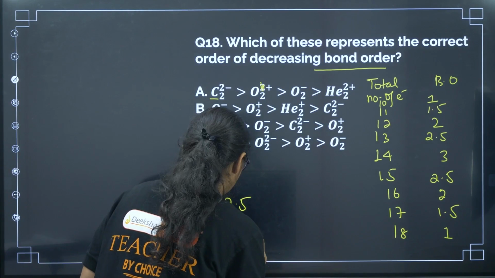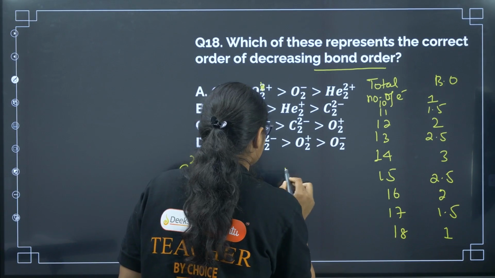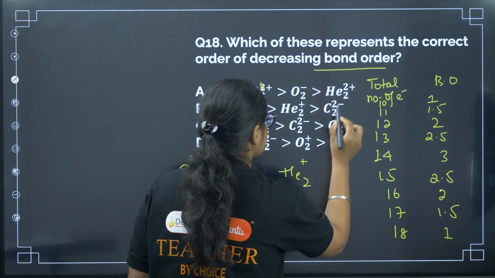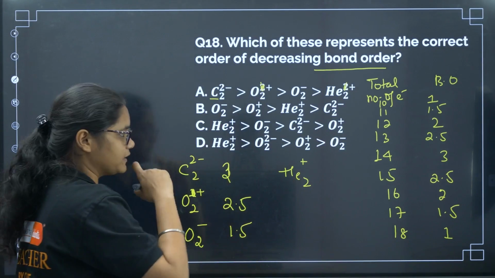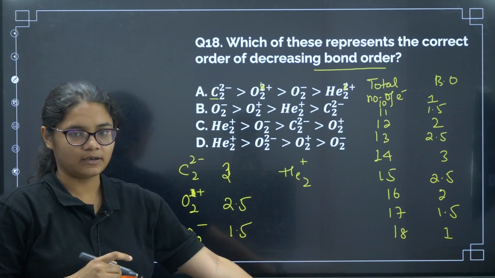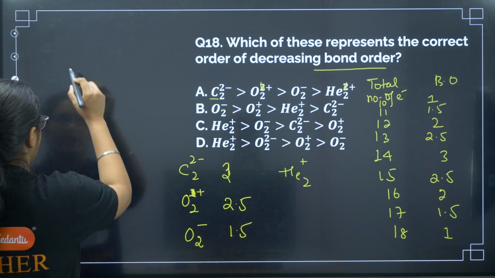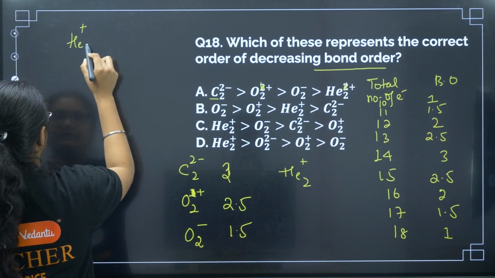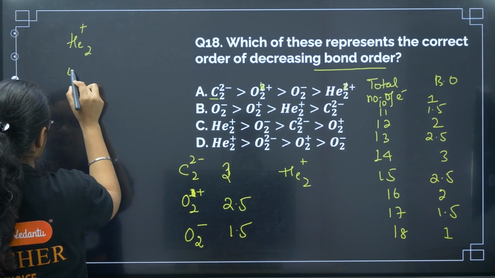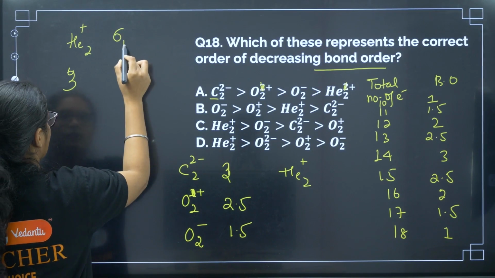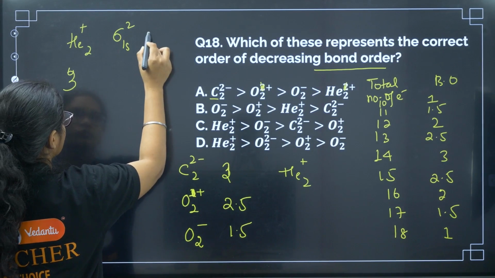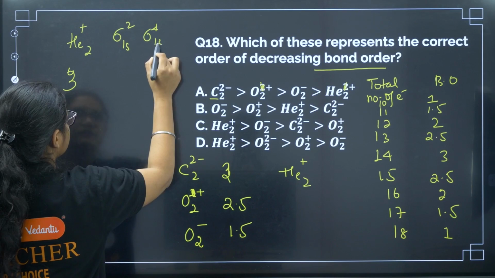So 17 is 1.5, and this one is He2 plus. For He2 plus we cannot apply this table, so for that you have to do He2 plus separately. The total number of electrons will be 3. If we write the electronic configuration, sigma 1s is 2 and sigma star 1s is 1.